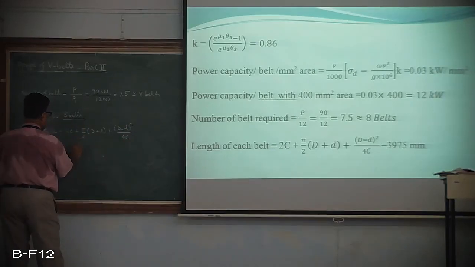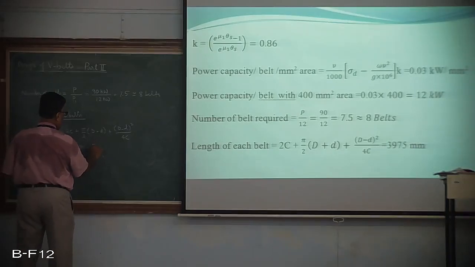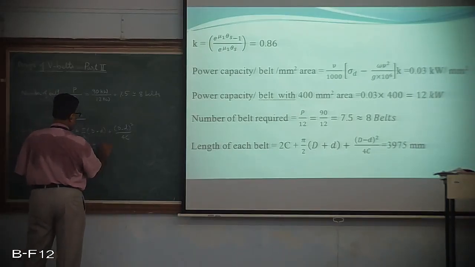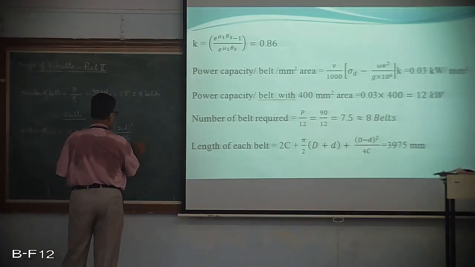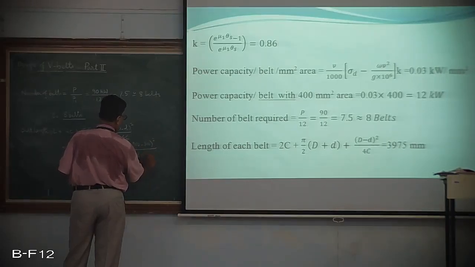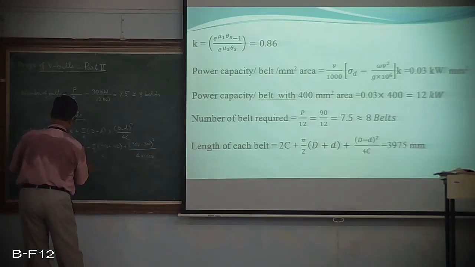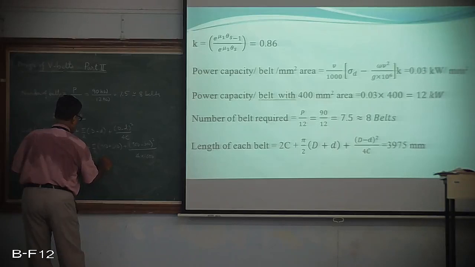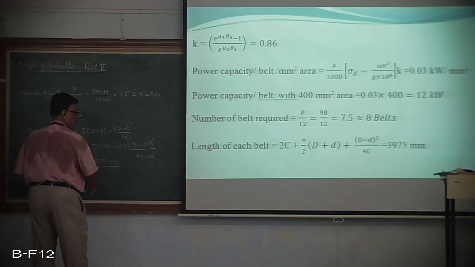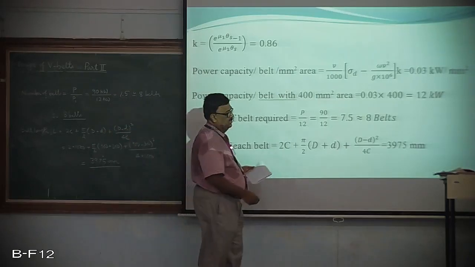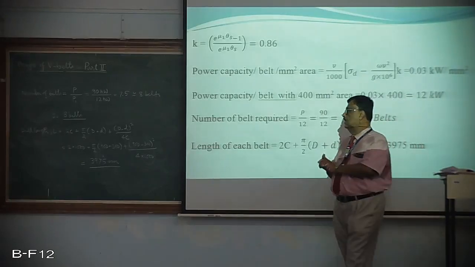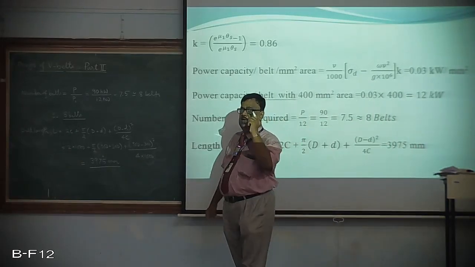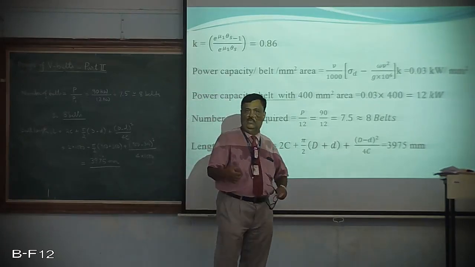In the present case, it is 1000 plus pi by 2 into (900 plus 300) plus (900 minus 300) whole square upon 4 into 1000. This comes out to be 3975 millimeter. Once again I would like to tell you, as far as the problem is concerned, we can end it here. But since you know the power rating is given as 90 kilowatt, once again, D type of belt is more suitable for this type of application.